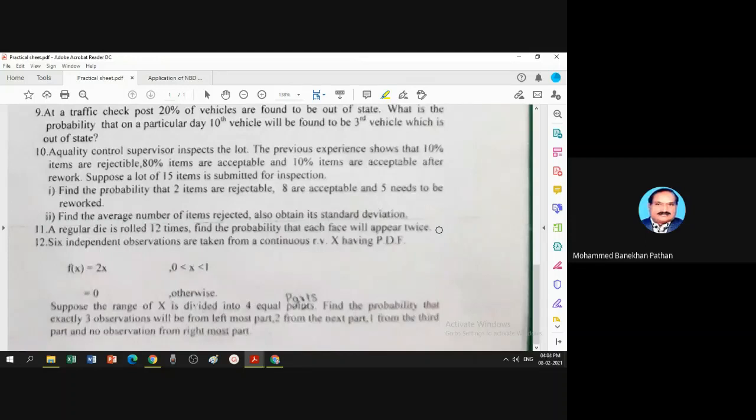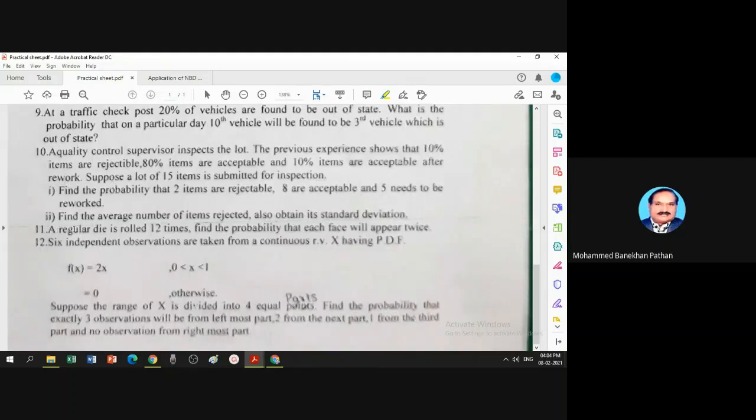Just like in question number 10, every item in the product is classified in three categories: rejectable, acceptable, acceptable with rework. That's why it is multinomial.